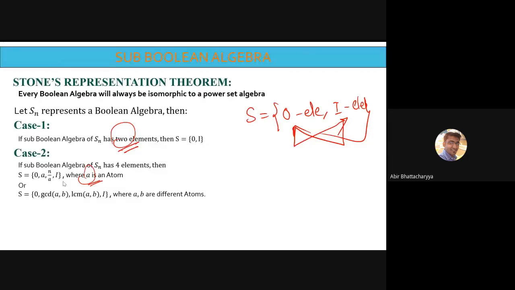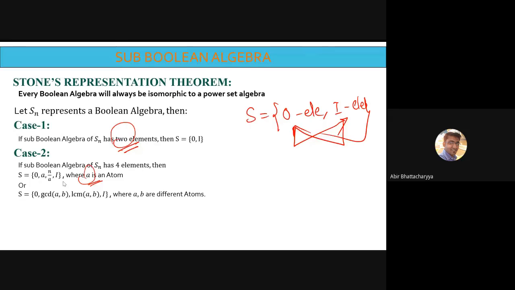Generally, in any Boolean algebra, if I have a total of 8 elements, it will obviously have 3 atoms, because by the structure of the Hasse diagram, if it is a Boolean algebra and it has 8 elements, it must have 3 atoms. If it is a Boolean algebra with 4 elements, it must have 2 atoms. If it is a Boolean algebra with 16 elements, it must have 4 atoms.